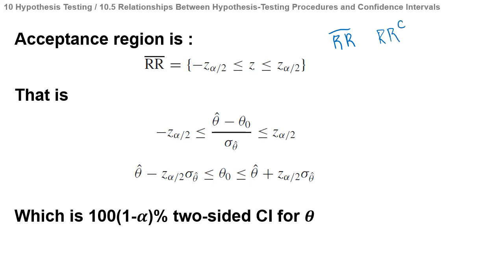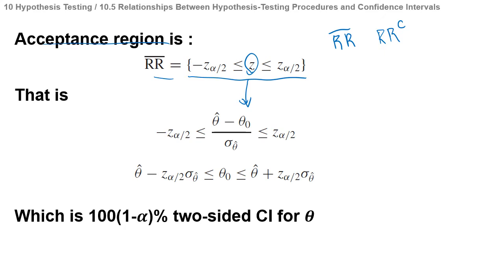The complement of the rejection region is actually the acceptance region, and in that two-sided test, the acceptance region can be written as this, and we can rewrite this expression this way. Here z is zeta hat minus zeta 0 divided by sigma zeta hat.